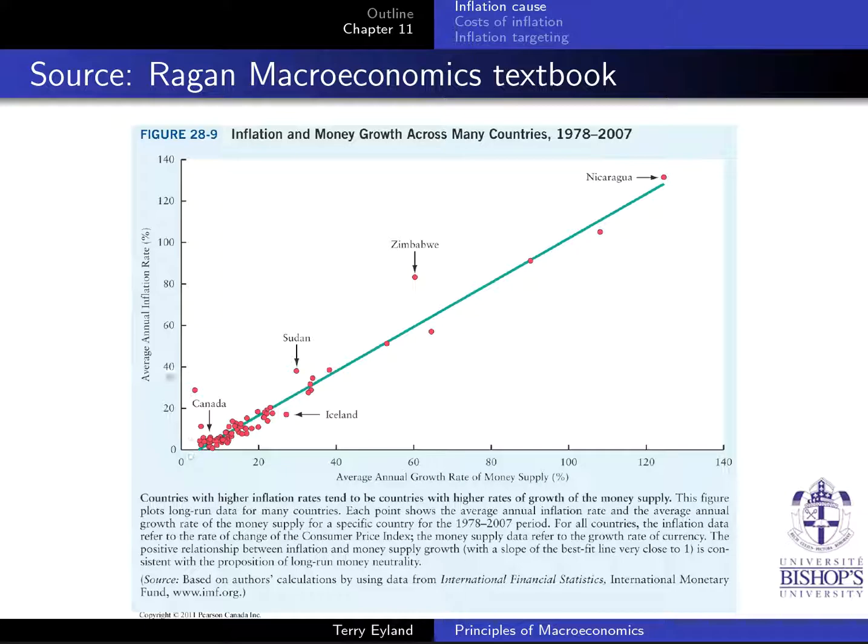So here's a link that shows growth in money supply down here. Let's say this is 100%. Growth in inflation, still 100%. Most of the countries are pretty much along this green line, which means that typically if you grow money supply by a certain percentage, inflation will follow by the same percentage. Even if you think about it, we talked about how it's a mixture of growth in money supply and growth in price level or GDP.